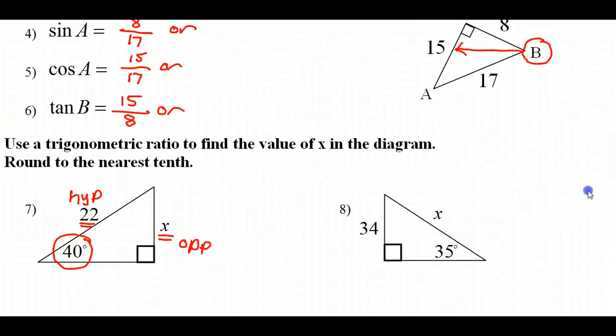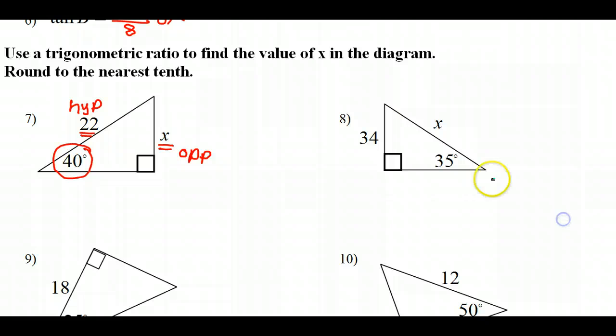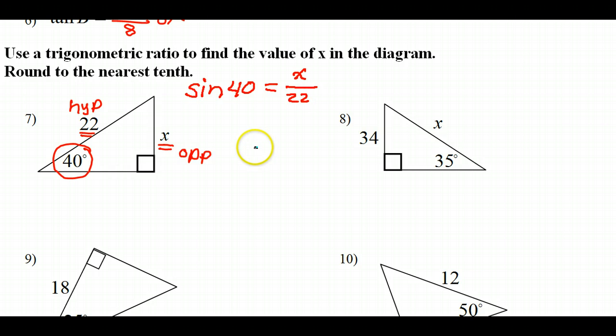That's how we know that we're going to use the sine function right now. So everybody do this. Write sine, but instead of a letter, put 40. Sine 40 equals. Now make your fraction: opposite over hypotenuse. So that's going to be x over 22. That's our answer? No, we've got to get x by itself.